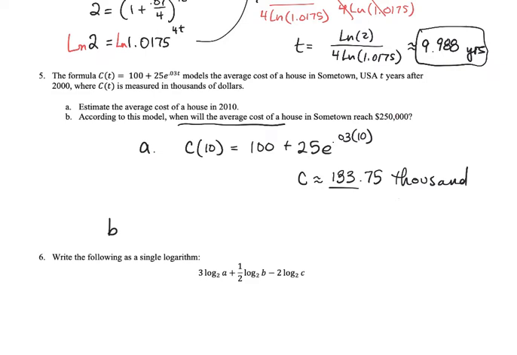So again, using this descriptor that C of t is measured in thousands of dollars, we're not going to put this value in for C. 250,000 would mean that C equals 250. So you plug in a 250 for C, and then solve for t.